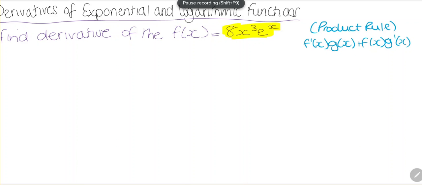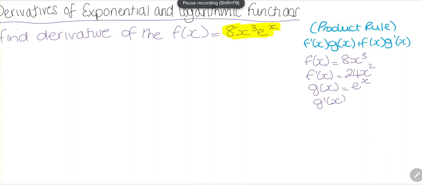So if we're going to make 8x cubed be our f of x, let's write f of x first, this is going to be 8x cubed. And if we take the derivative, this is going to be 24x squared. So g of x is e to the x. And if we take the derivative, it will be the same.